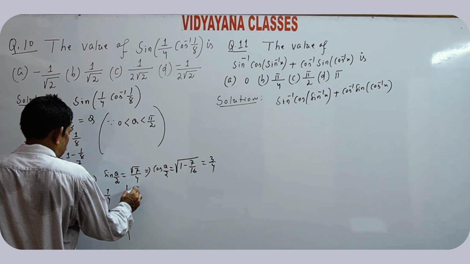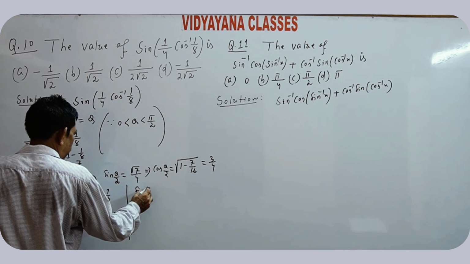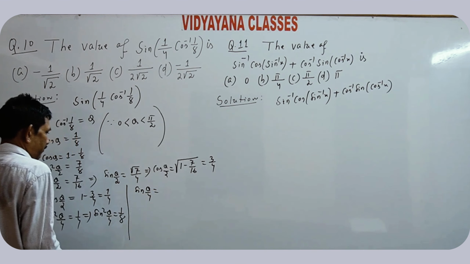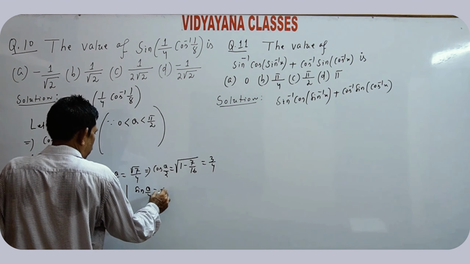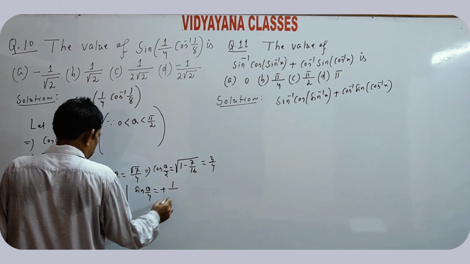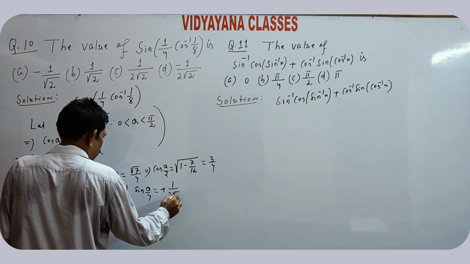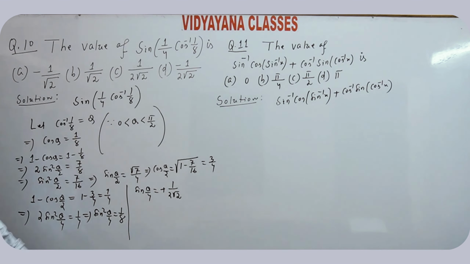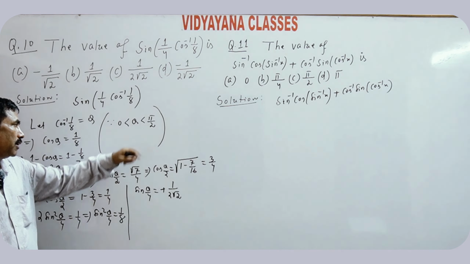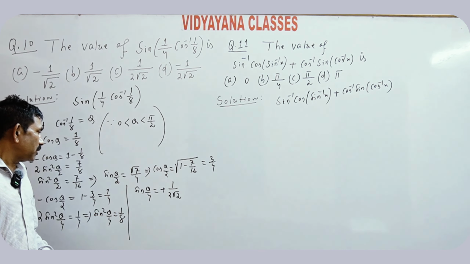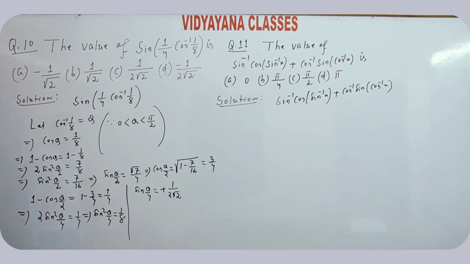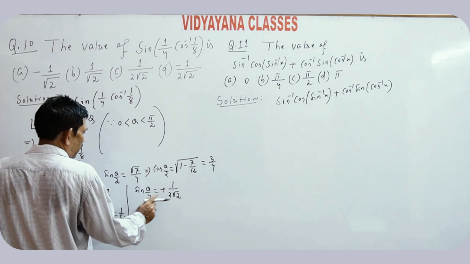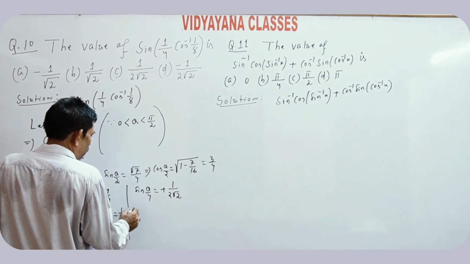Sin theta by 4 is equal to the positive square root of 1 divided by 8, that is 1 by 2 root 2. Since theta is greater than 0 and less than pi by 2, sin theta by 4 is equal to the positive square root.